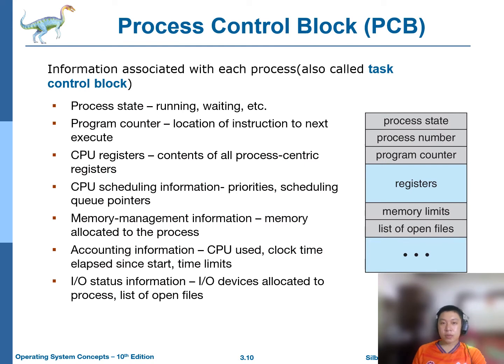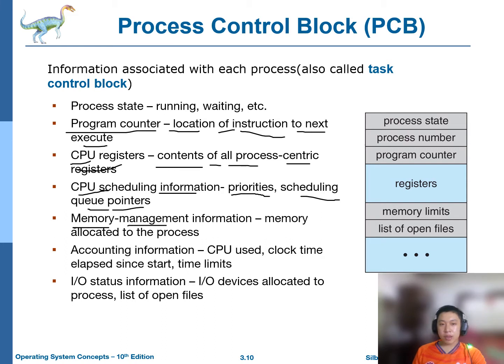Next, the process control block, or PCB. It contains the process state: running, waiting, etc. The program counter is the location of the instruction to execute next. CPU registers hold the contents of the process's registers. CPU scheduling information includes priority and scheduling queue pointers.